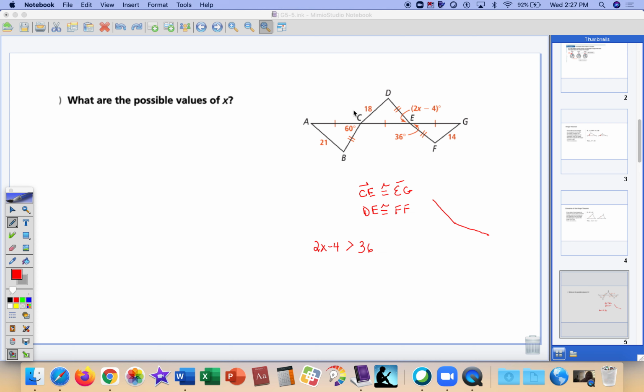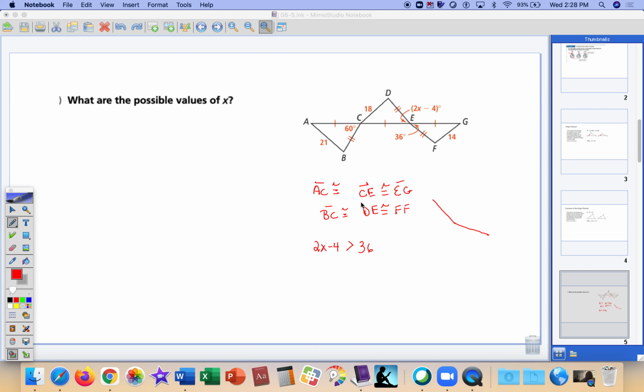Okay, and then they give us some more over here we have to look at. We also know that AC is congruent to CE, and we also know that BC is congruent to DE and EF.